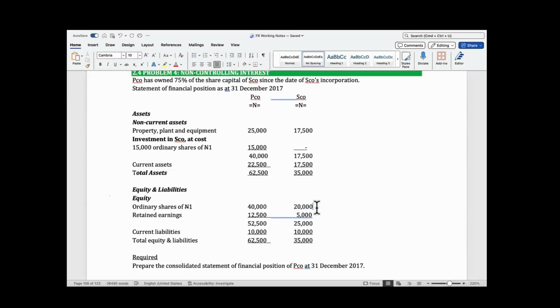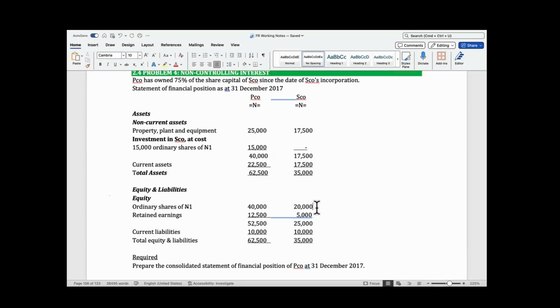So the other owners of the subsidiary, we call them non-controlling interests. Yes, we have to consolidate it because these 5,000 represent transactions with outsiders, which is what we want to see in the group. So we cannot call it share capital, but we call it non-controlling interest.